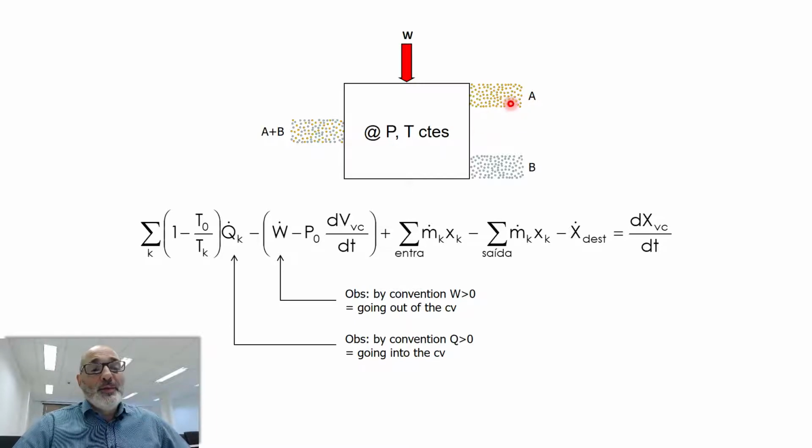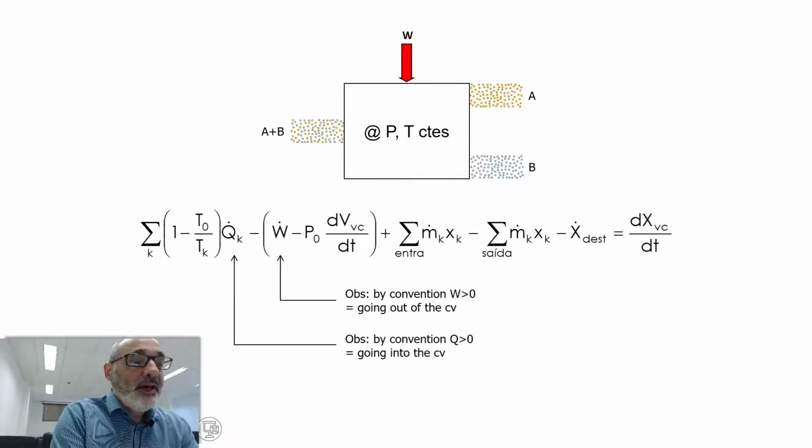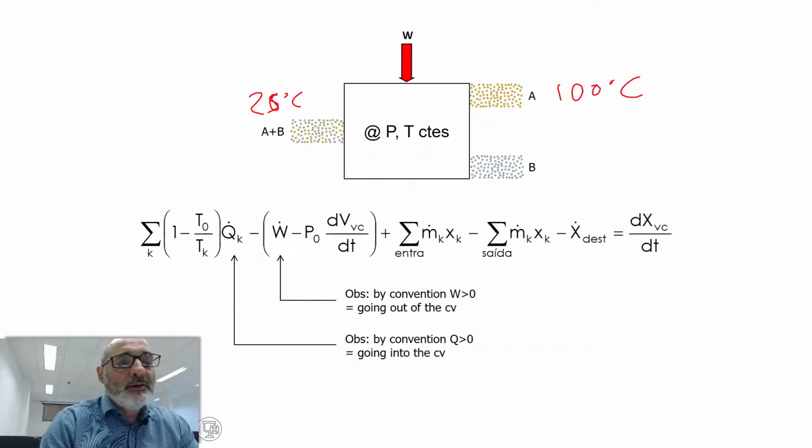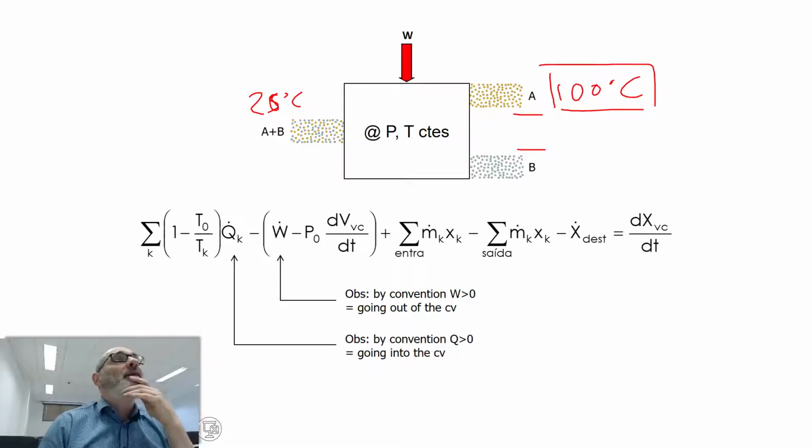Because if, in addition to separating, the temperature is higher, let's say I have A and B at 25 degrees Celsius, and if I have A at 100 degrees Celsius here, not only did the energy level increase because of the separation, but also because the temperature is higher, okay?